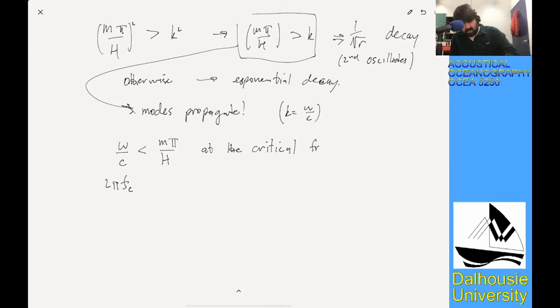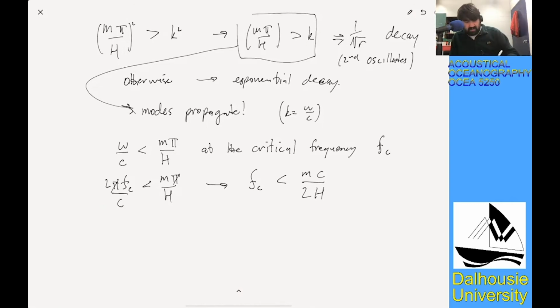Okay? Frequency fc. 2 pi fc over c equals m pi over h. The pi's cancel. And we can actually solve for where the critical frequency is. And you can see that it depends on m, depends on c, and depends on h. So the mode number, right, the term in that sum that we're at, the sound speed in the water column, and the depth of the water column, okay?